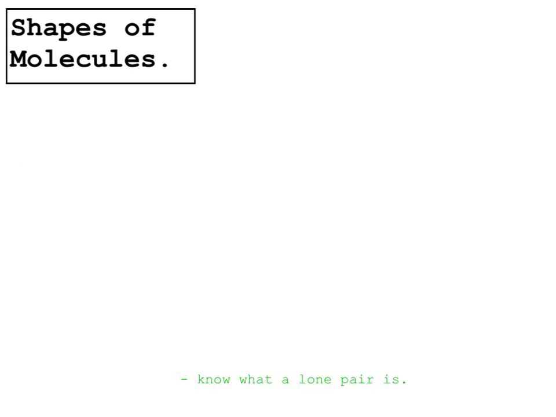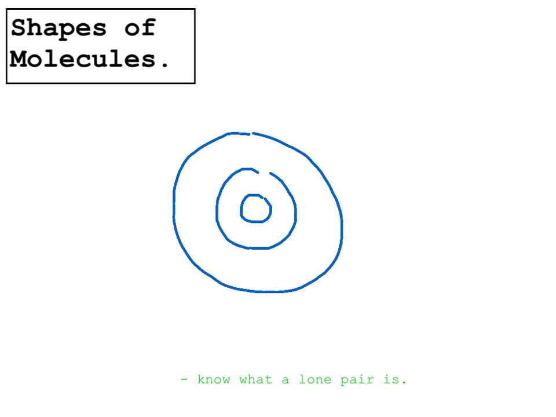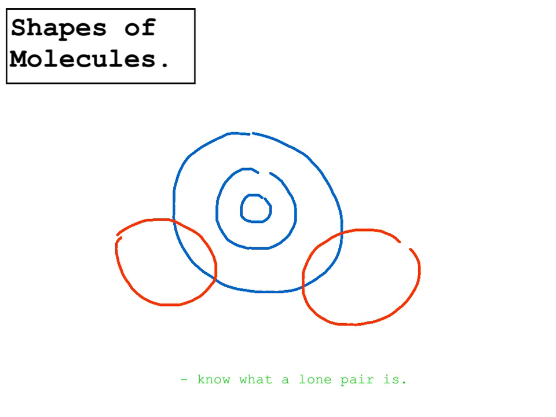Now to explain this I'm going to use a dot and cross diagram of water. So we'll have oxygen in the middle with two hydrogens attached to it. Those are two bonds, and then the rest of the electrons are not bonding.